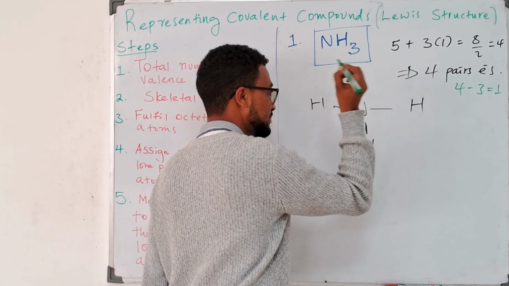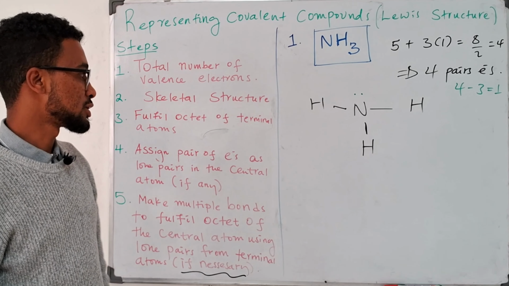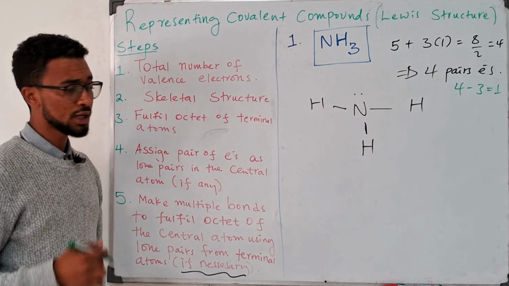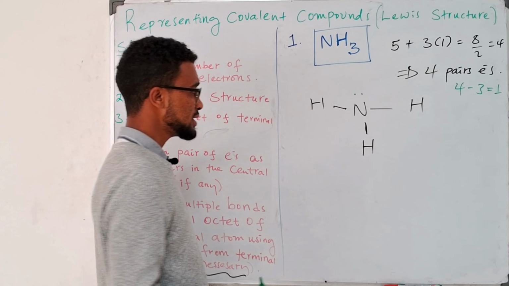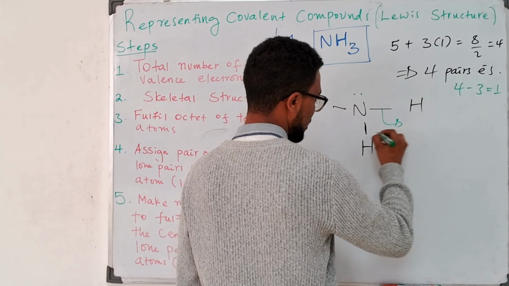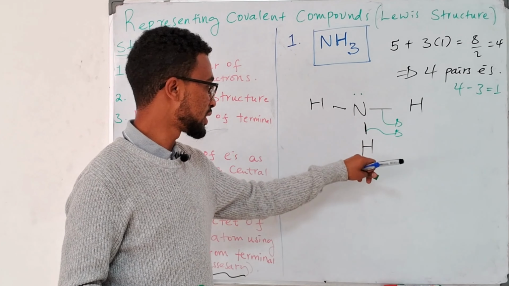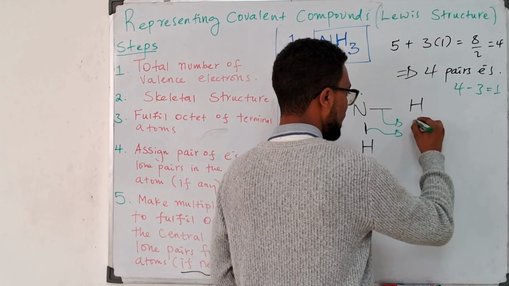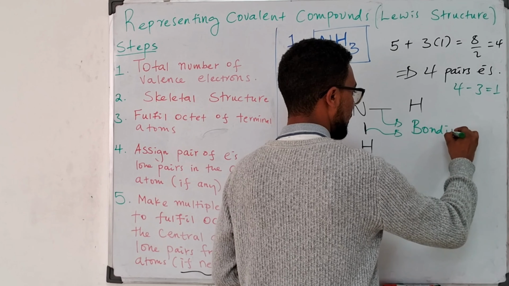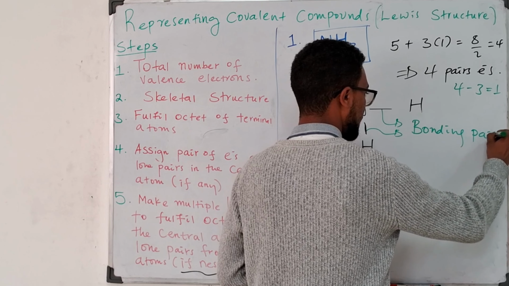Around the central atom as lone pairs. So what are lone pairs and what are bonding pairs of electrons? The pairs of electrons that are put in the form of a stick between the 2 atoms, we call bonding pairs.